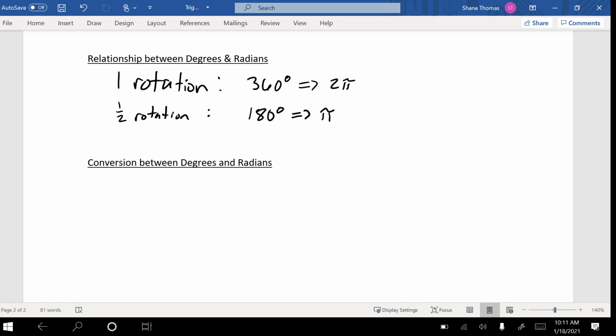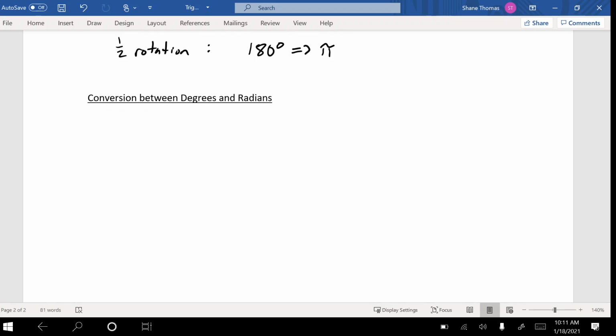So one rotation is 2 pi, and a half rotation is just pi. So if I want to convert from degrees to radians, we know, we just talked about it above, pi radians is equal to 180 degrees, correct? Let's use that for our conversion rate.